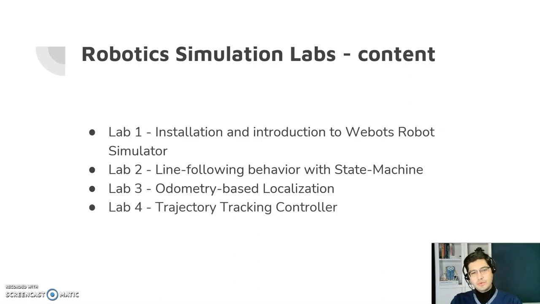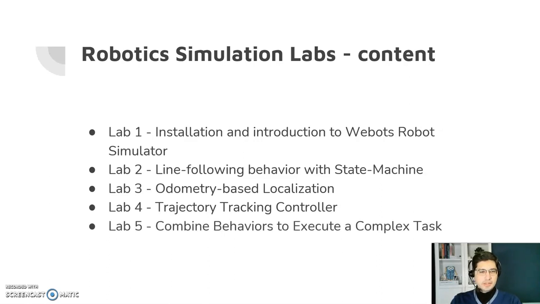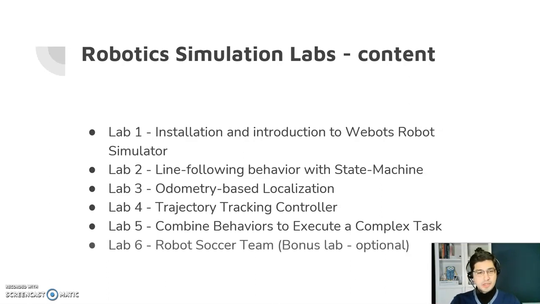So all those 4 labs are basically the mandatory labs, but we also had Lab 5, which is the combined behaviors, or combination of all the behaviors to execute a more complex task for the robot that is divided in many steps.